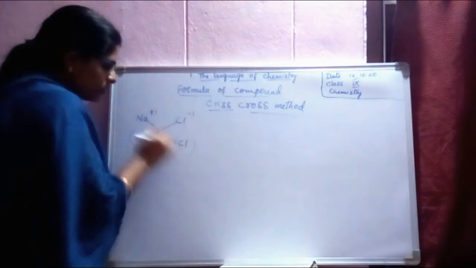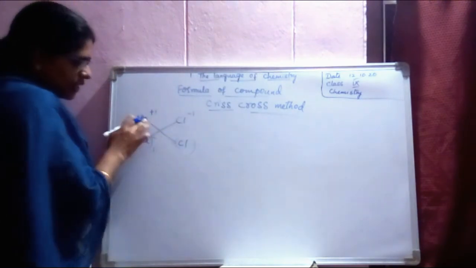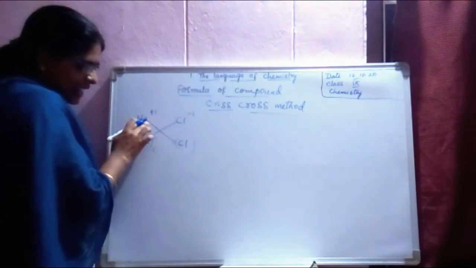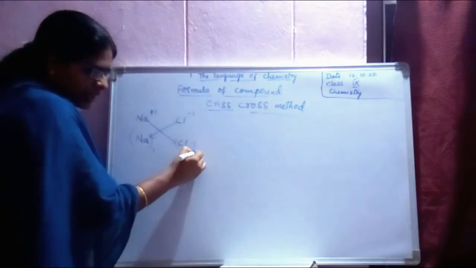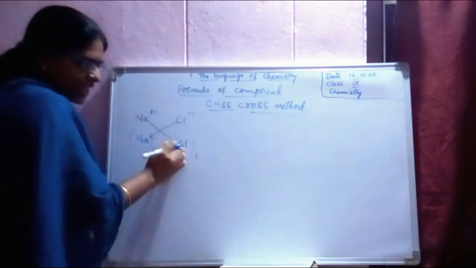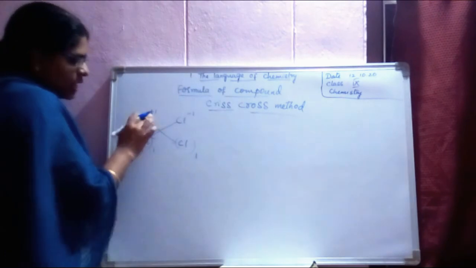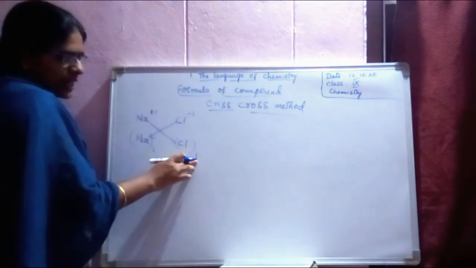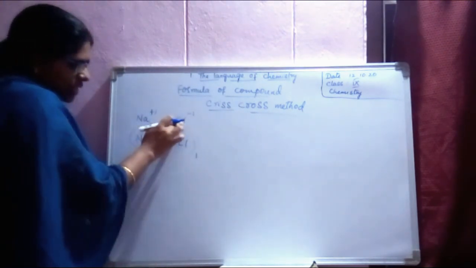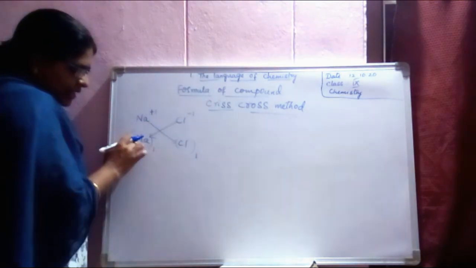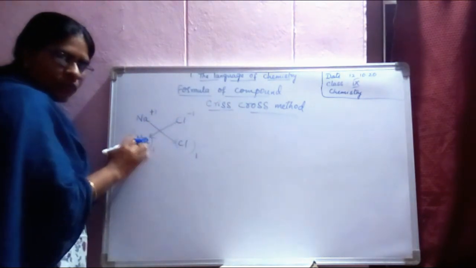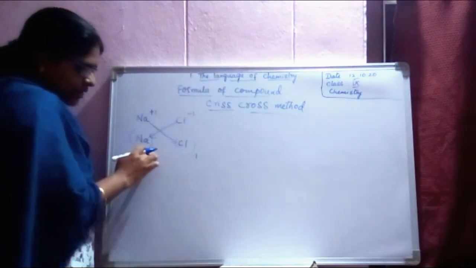Now I have kept a cross here. The charge of Na must be written below Cl. Here it is 1, hence I have written like this. The charge of Cl should be written at the down of Na. Hence I have written 1.